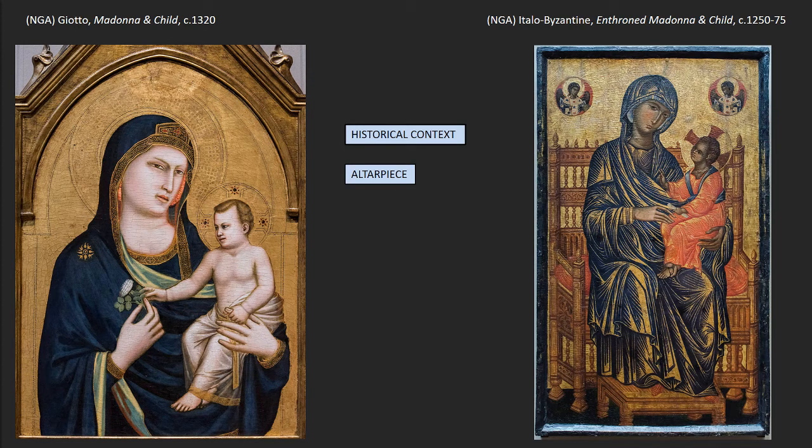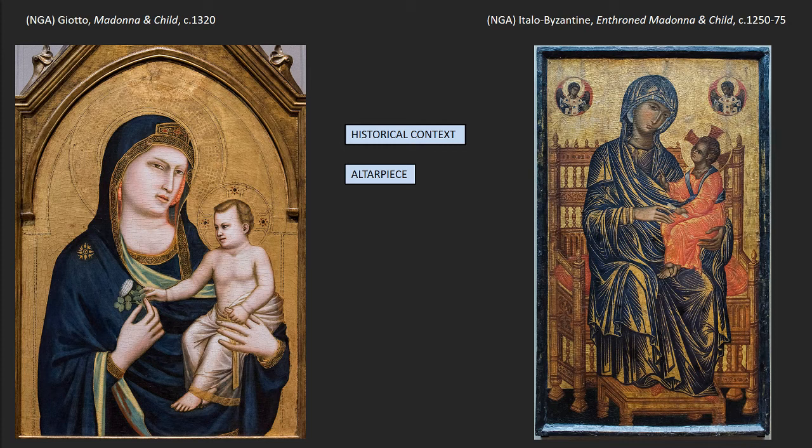For most people, they would have seen it with a priest standing in front of it, the altar in front of the priest, and this hanging behind him on the wall. This helps to explain Christ's gesture that we talked about on Tuesday, the peace be unto you gesture that the priest gives when he blesses the congregation. Jesus is the role model, if you will, for the priest. There's a connection between his gesture and the gesture you would see a real human doing in front of him. Giotto's is an altarpiece as well.